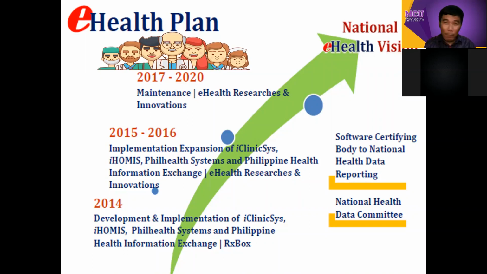Although we have it in place, we have already the BITS box, we have already hospital information systems that are being used, the iClinic SIS, the CHEATS. These are the platforms that have been introduced, but do all of the facilities have these platforms? That's a big question mark.